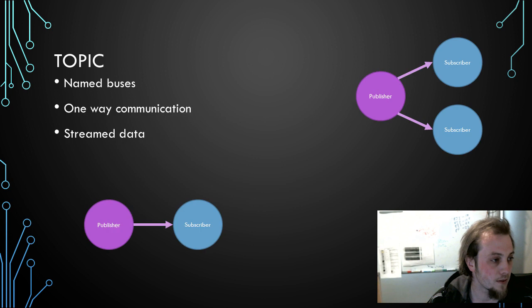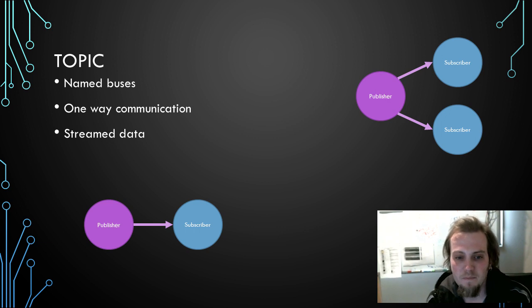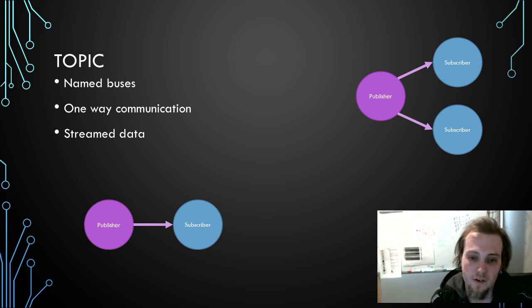Alright, what have we got next? Alright, next we have topics. So topics are named buses, which are used by nodes to communicate with each other. Topics that are published, meaning that they're sent, and you've also got topics that are subscribed to, meaning received.